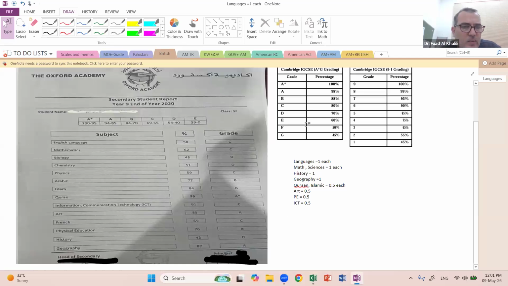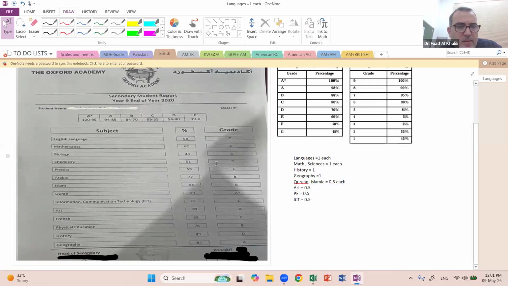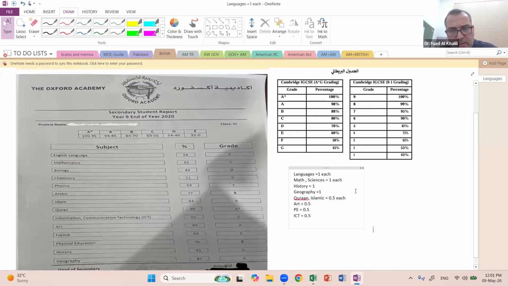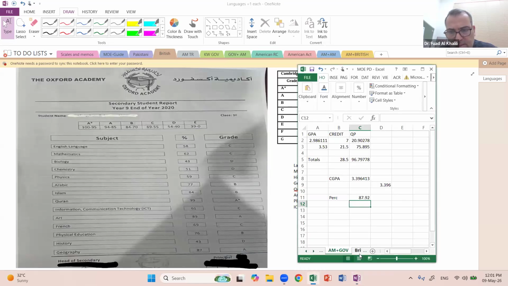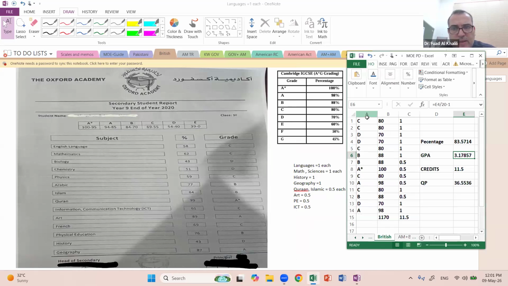How do we calculate the GPA for the British system? There are grades here, and we need to calculate. We follow the scale on the right, and we copy the grade. This is the grading. In the first subject, he got C. What is C in the scale?